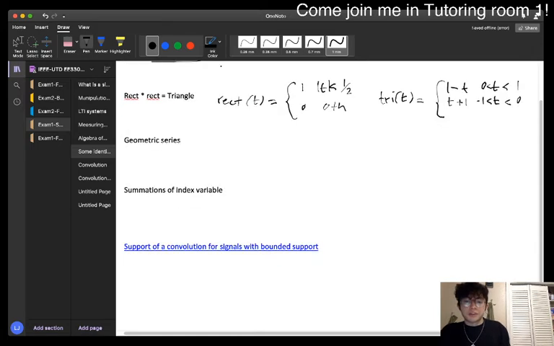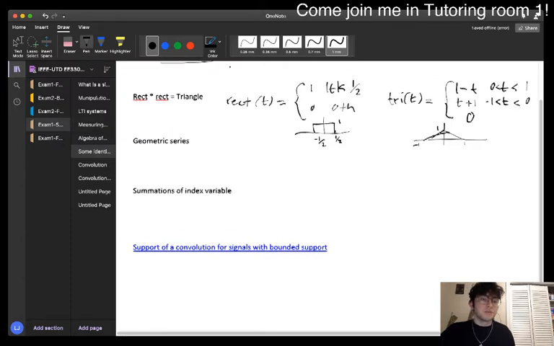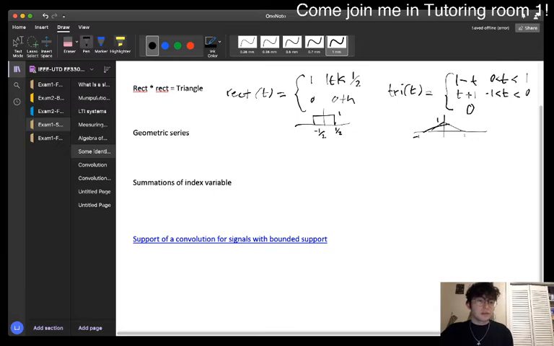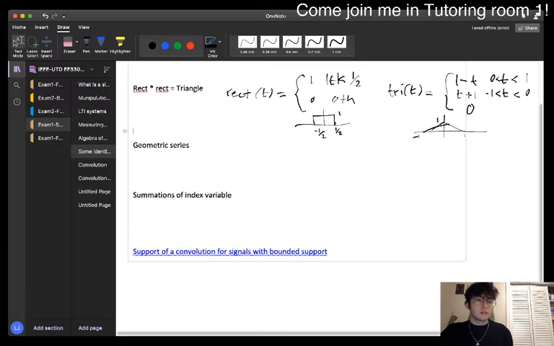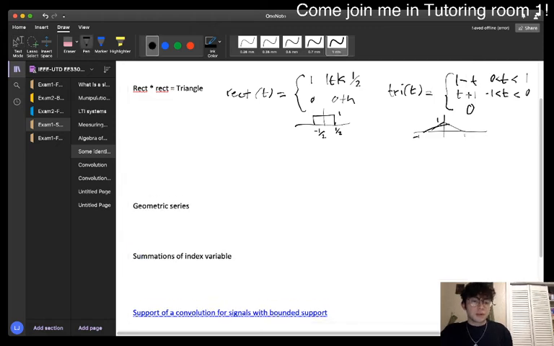It's 0 outside of that. If we were to draw that, the peak is 1 at the center, and it goes to 0 at the endpoints, -1 and 1. So a useful identity is, if we have two rectangles, convolving them gives us a triangle, the standard unit triangle.